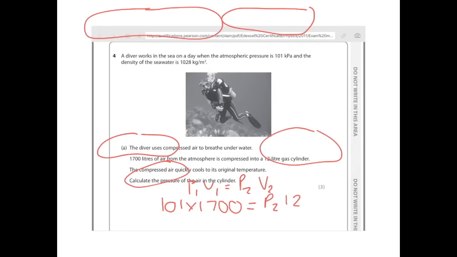So 101 times 1,700. And then divide both sides by 12. And then when you round that to 3 sig fig, you're going to get P2 equals 14300. The units will be kilopascals.